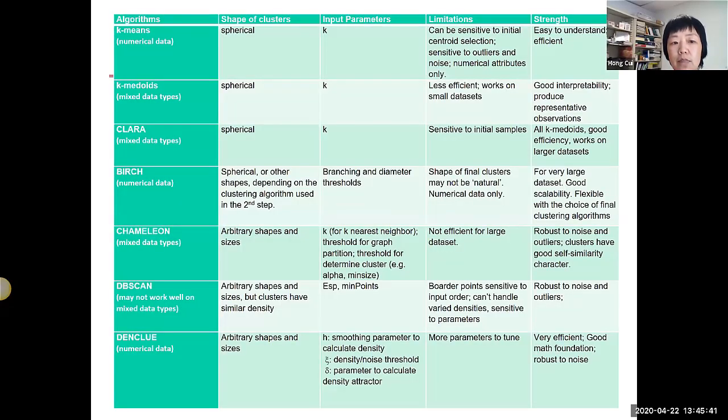On the last slides, I listed some of the algorithms that we studied. You can add a few more that I missed that summarize what we have learned so far: the algorithm, what kind of data it works on, the shape, the input parameters, limits, and the strengths. That may be useful. I think it's going to be useful for one of your homework questions.